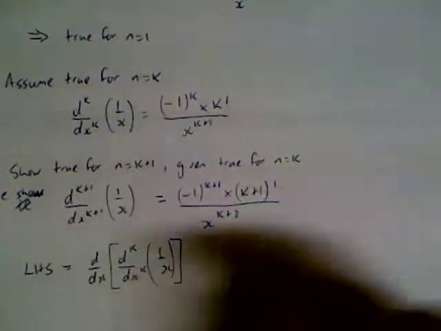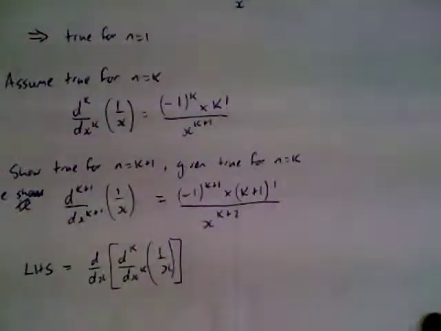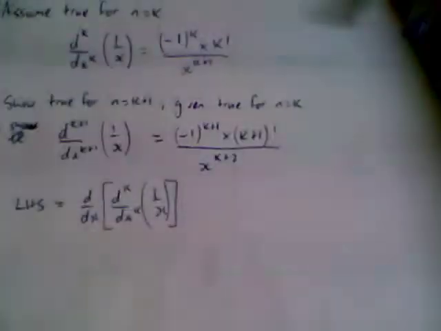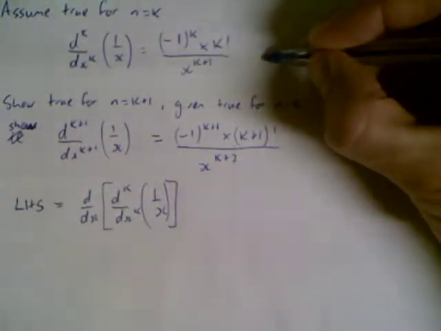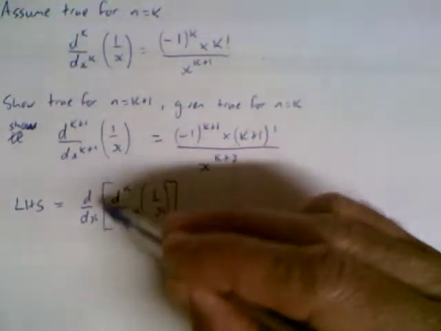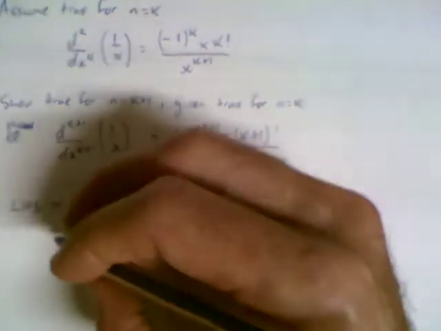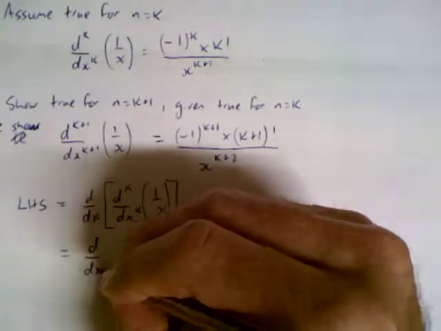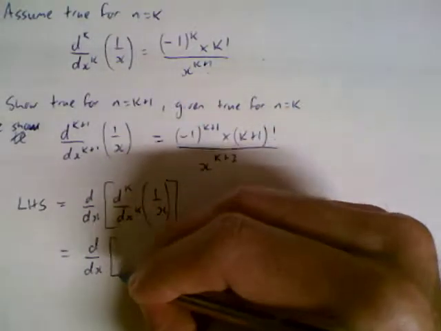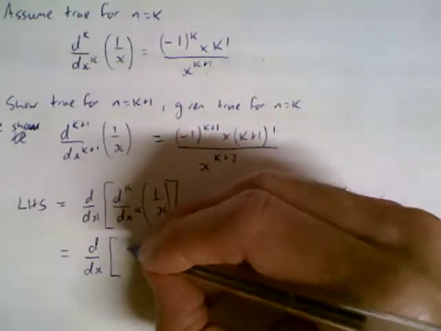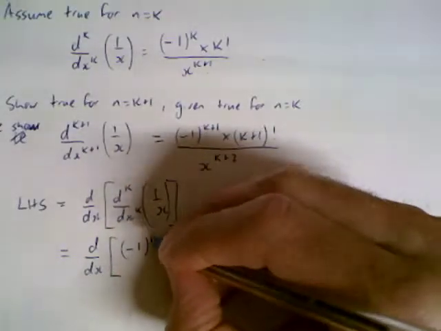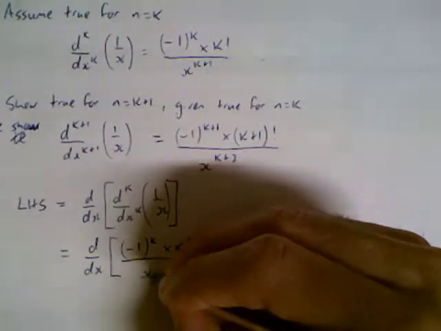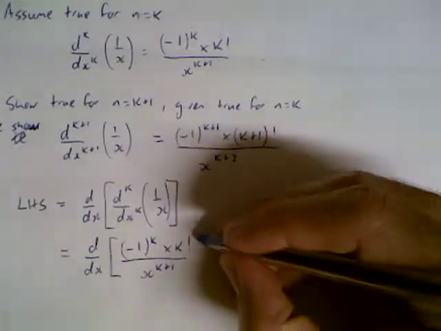Now we also know from our assumption up here, which we've assumed is true, that this is equal to this part in here. So we can now substitute that in, because that's the part that's been assumed. So we can now say that that's equal to d/dx of (-1)^k times k factorial over x^(k+1).